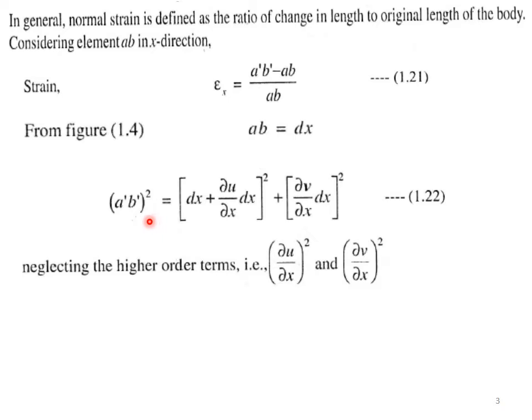By neglecting the higher order terms, this equation becomes A dash B dash is equal to dx plus del u by del x into dx. So this is your equation number 3.